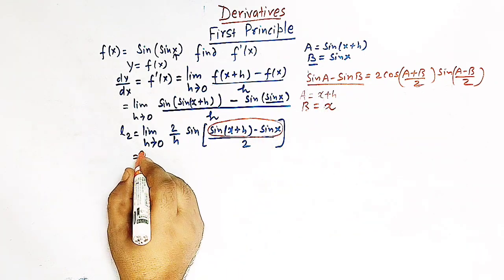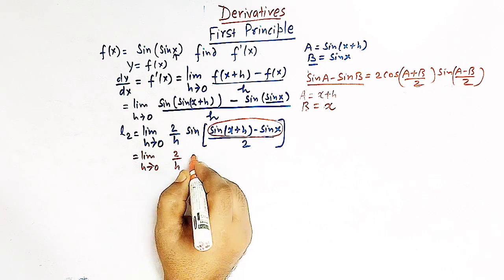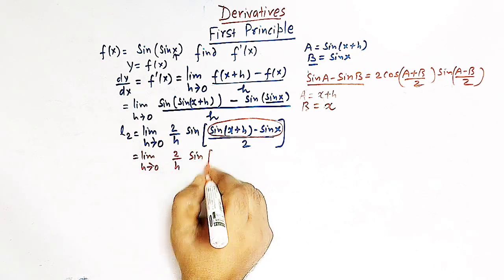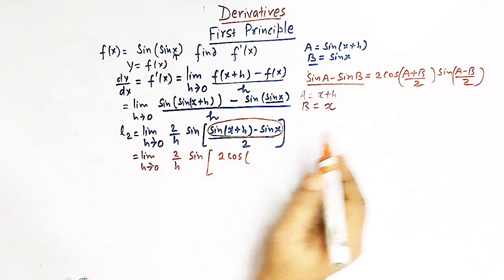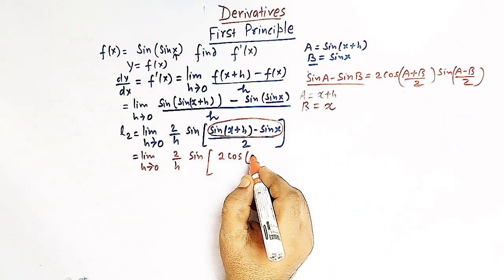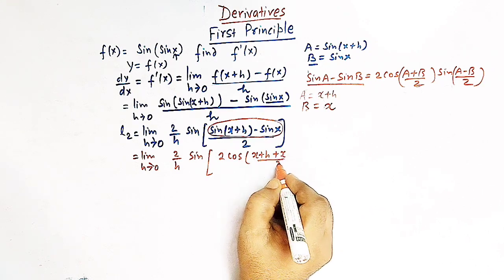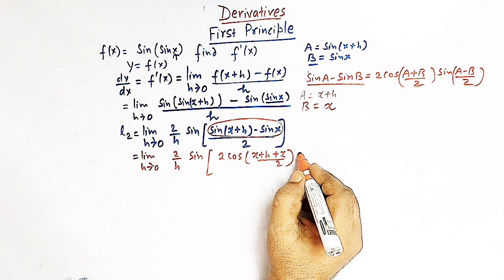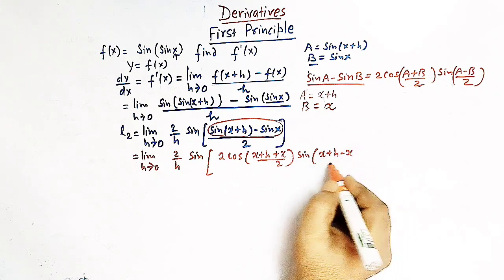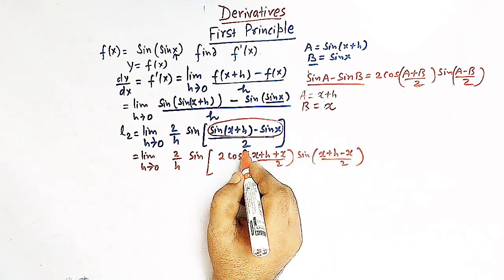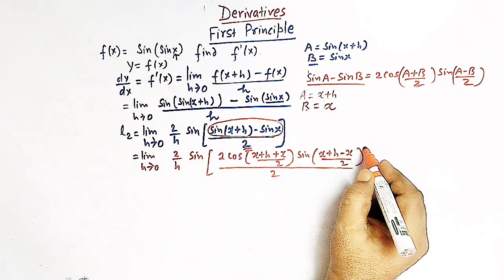So we have limit h tends to 0, we have 2 over h sine, and we can now write 2 times cos of A plus B over 2. So we have x plus h plus x over 2, and then we have sine of x plus h minus x over 2, and this 2 is given by here, right?